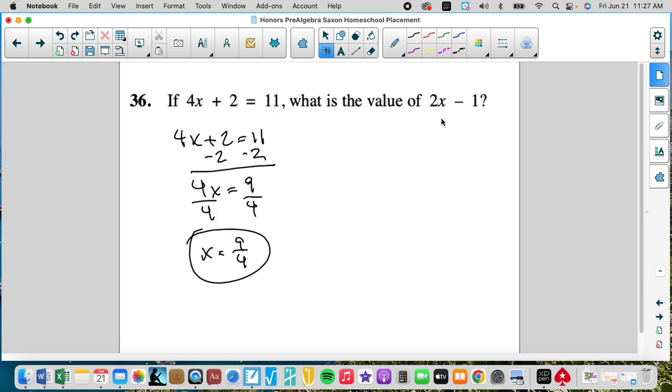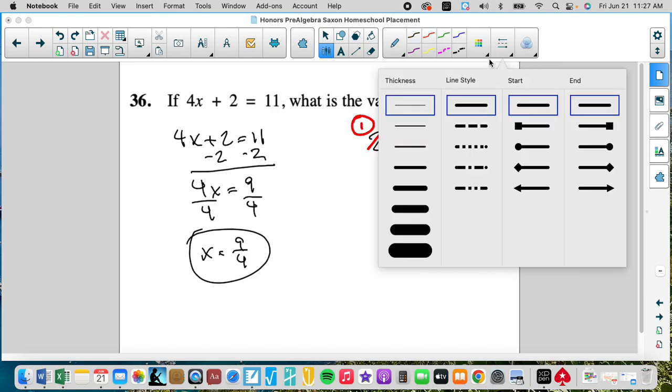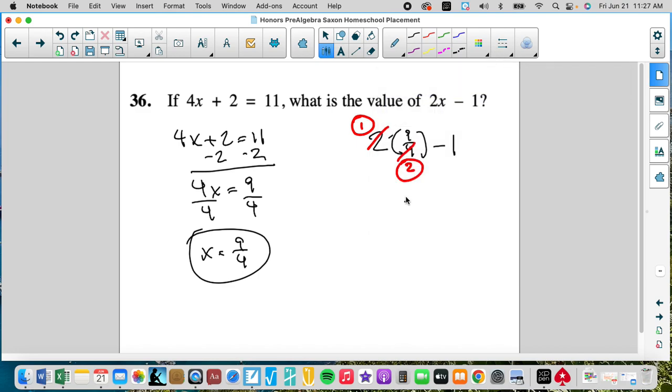And now we're going to take that value and substitute it in for the x. 2 times 9/4, minus 1. The 4 in the denominator is going to cancel with the 2 in the numerator. That becomes 1. This becomes 2. We get 9/2 minus 1. Let's find like denominators.